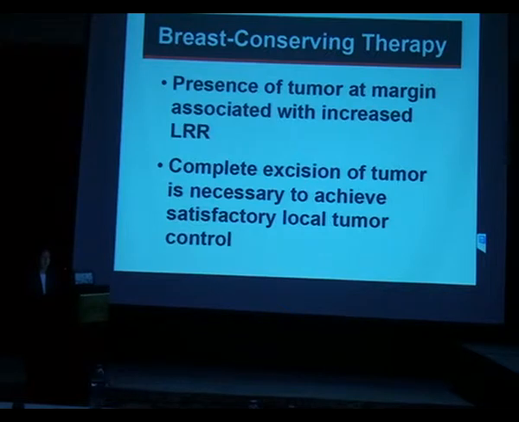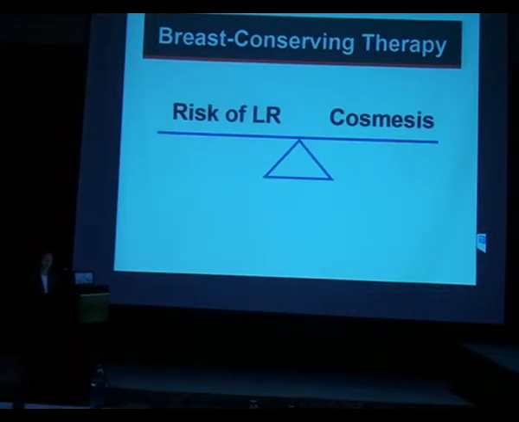And we know that both for invasive carcinoma and for the great majority of in situ carcinoma, when surgeons perform segmental resection, patients will receive radiation therapy. So despite radiation therapy, if we have a positive or very close margin, it is associated with increased local recurrence.